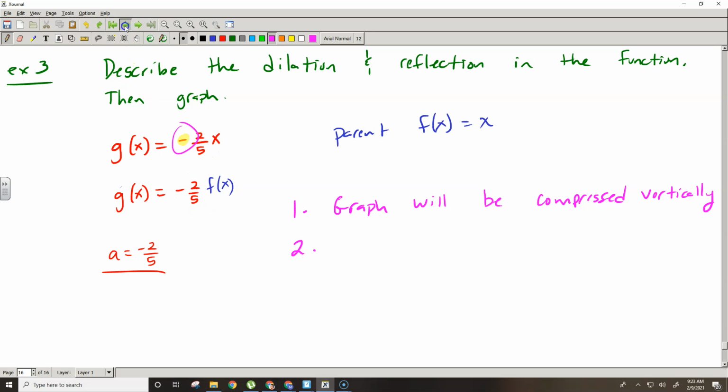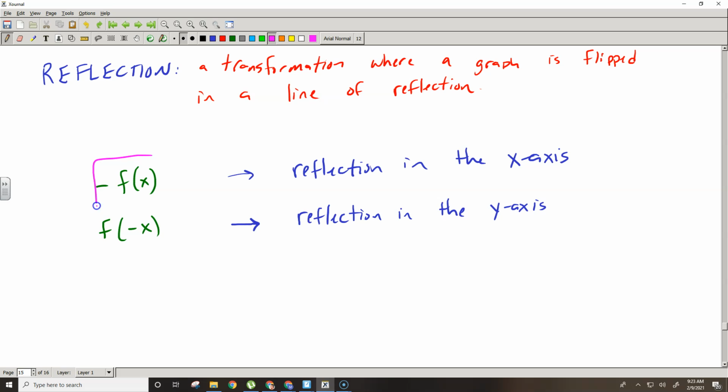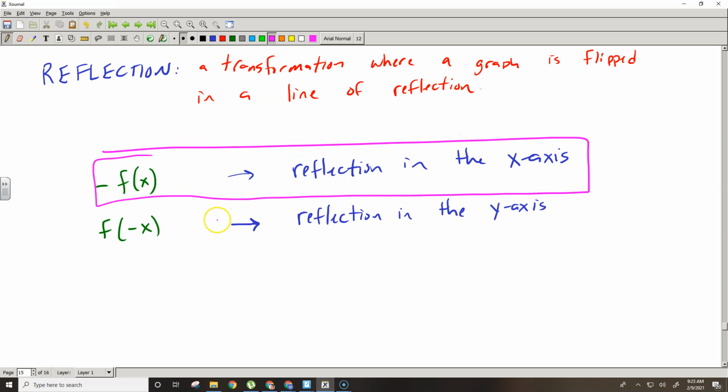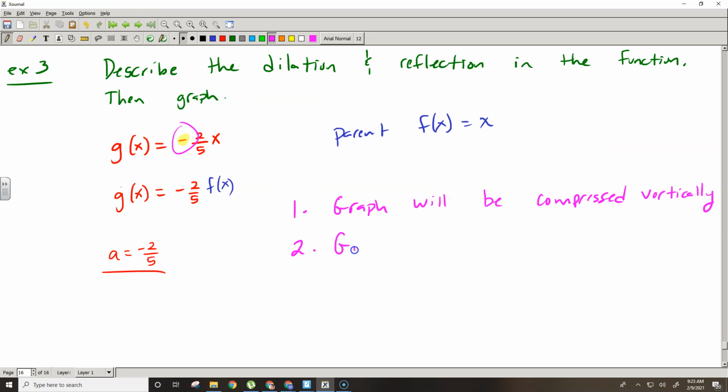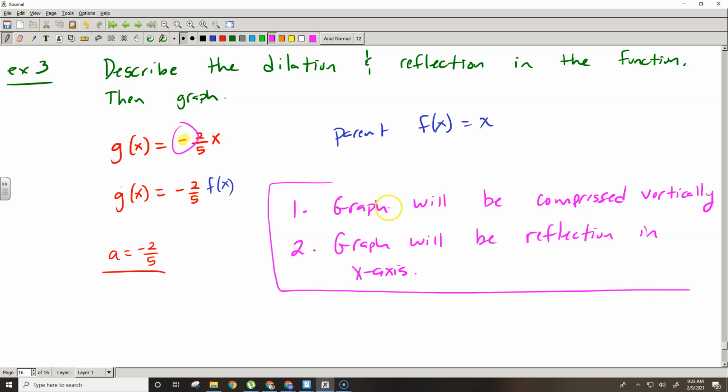If you think back to our rules over here, we can think of this as a reflection in the x-axis right here, right? It's just flipped over. So we can say graph will be a reflection in the x-axis.